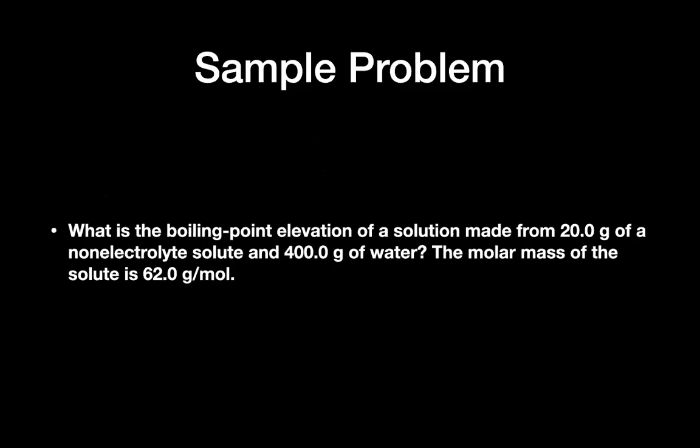So again, using the same exact method, what is the boiling point elevation of a solution made from 20 grams of a non-electrolyte solute and 400 grams of water? The molar mass of the solute is 62 grams per mole. Now, I can use the term non-electrolyte solute without telling you what it is because it doesn't matter what it is. It only matters what the concentration is.